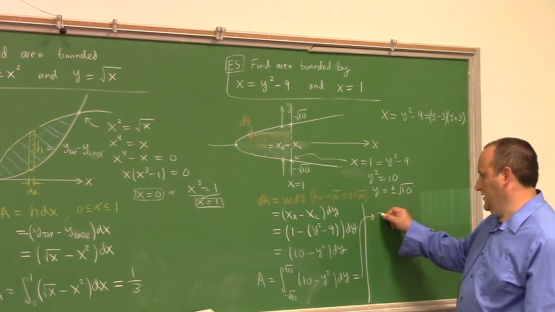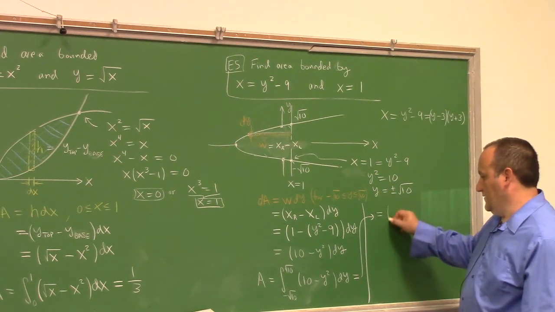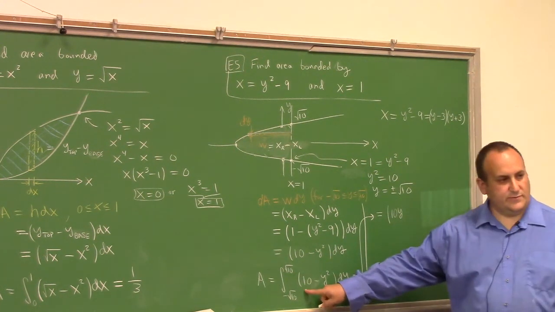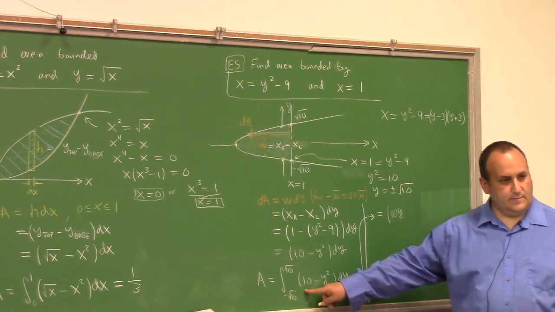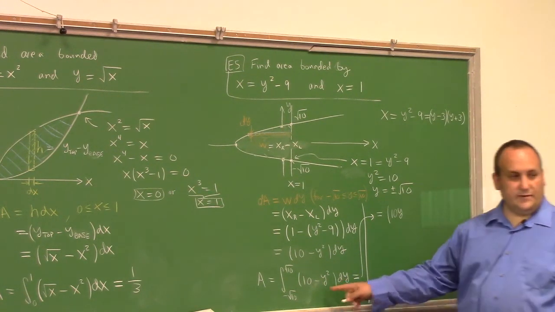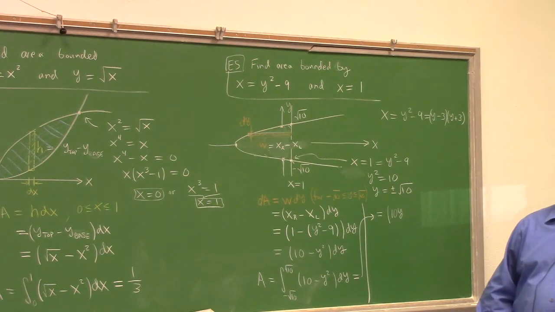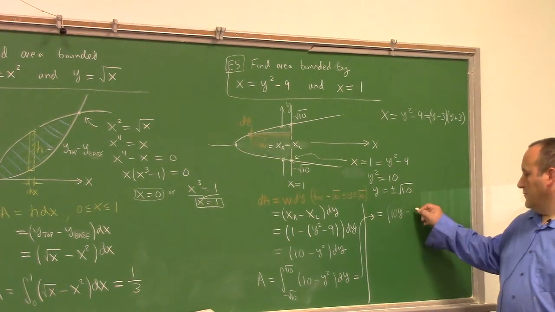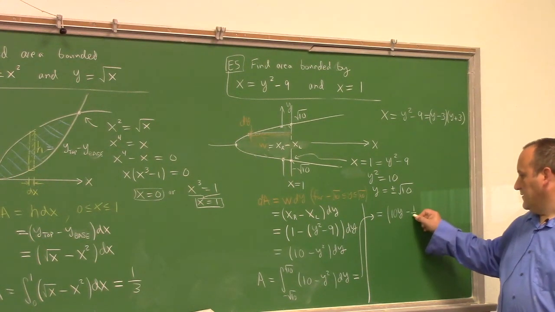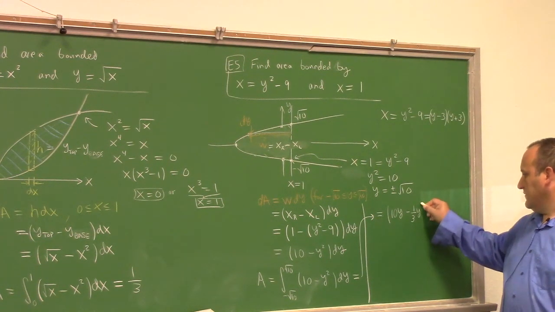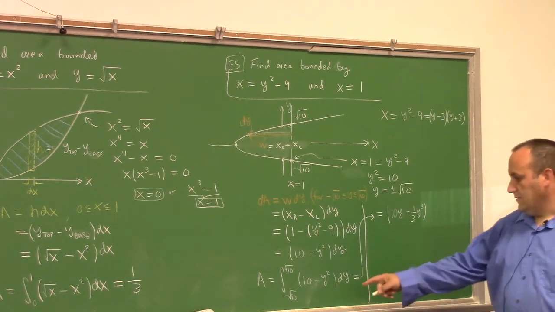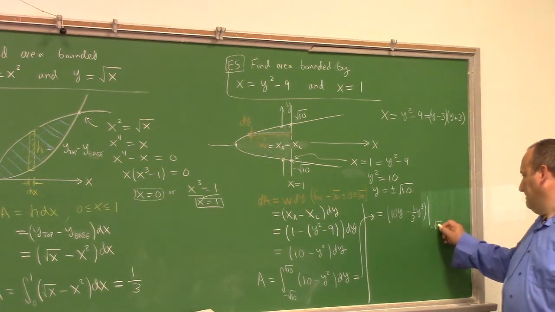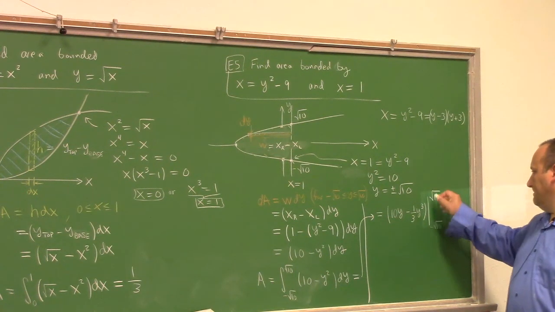Let's see here. 10y is the integral of 10 with respect to y, right? What's the integral of y squared with respect to y? Yeah, y cubed over 3, right? 1/3 y cubed. And of course the minus is still there, right? And I have to evaluate that from minus the square root of 10 to the square root of 10.